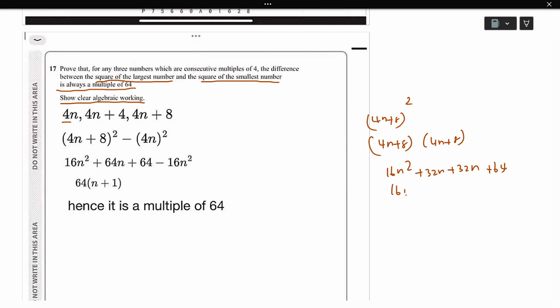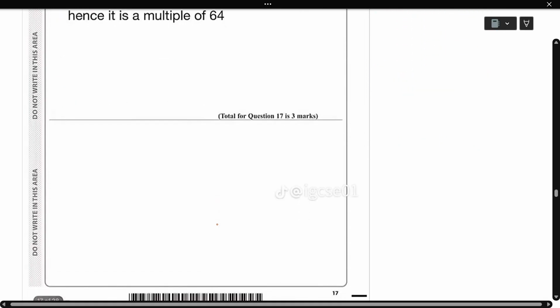So we'll get 16n squared plus 64n plus 64. That's written here first. Minus this one, 4 squared is 16, and n squared. So this gets cancelled, because plus and minus, and the rest is 64n plus 64. Bring 64 out, so we'll get 64 times (n plus 1). So the final answer is always a multiple of 64. 64 times something is definitely a multiple of 64. This is the proof.